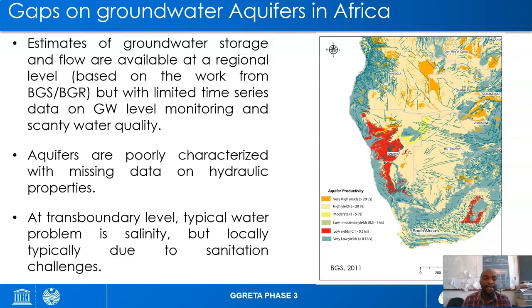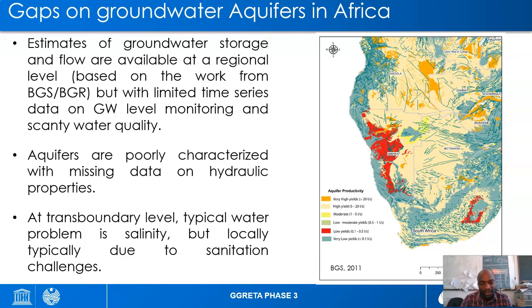Estimates have been provided by institutions like BGS and BGR, which is just the British Geological Survey and the German equivalent, on groundwater levels across Africa. But this information is still very localized in some sites, and monitoring needs to inform how credible this information is or how useful it is. So basically, we've also got a lot of missing information on what is available. Our completion reports are inadequate, and of course, the quality aspects is even worse.